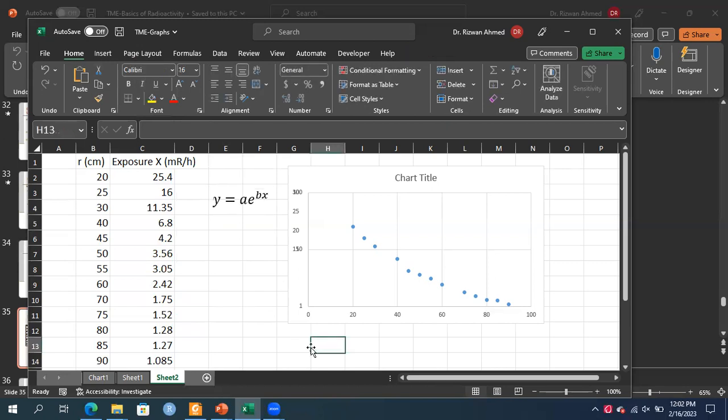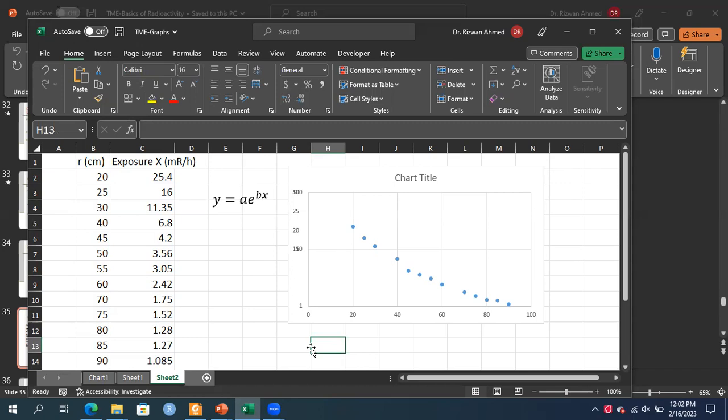Right? If the data conforms to a straight line on a semi-log paper, it means the model behind this is y equals a e raised to the power bx, right? This can also be confirmed if you take the log of the vertical variable and plot it against x.